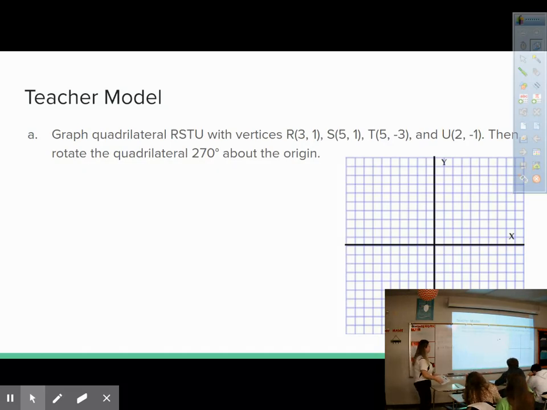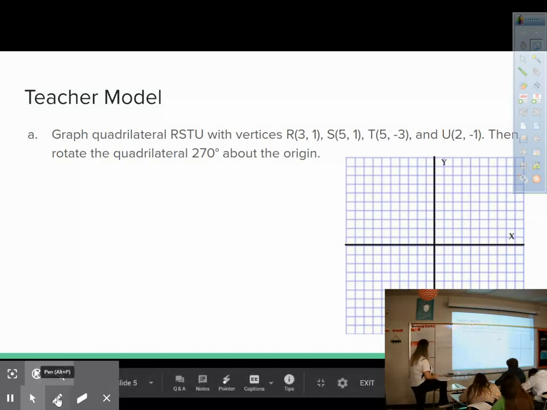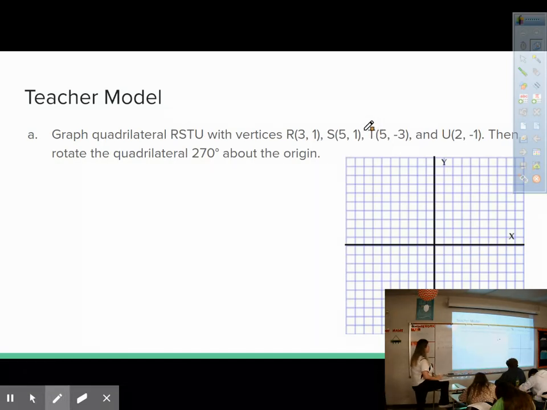So what I'm going to do first is graph my original quadrilateral. So let's graph RSTU. Now that you know about vectors, I treat my ordered pairs like they're vectors. You just always have to start at the origin. So (3, 1) would mean go right 3 and up 1. So you start at the origin and go right 3 and up 1.